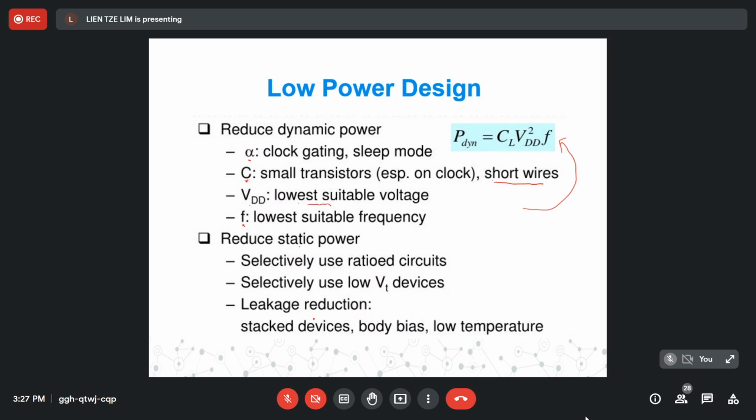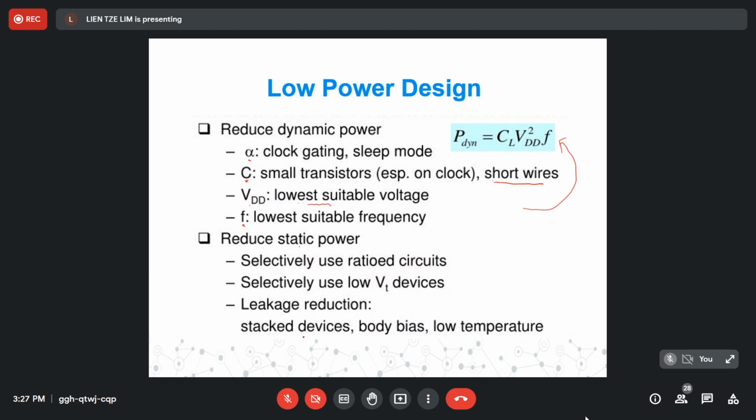Since static power dissipation is caused by the leakage current, if we reduce the leakage current, it will also reduce the power dissipation. Here the leakage can be reduced by using the stack method.